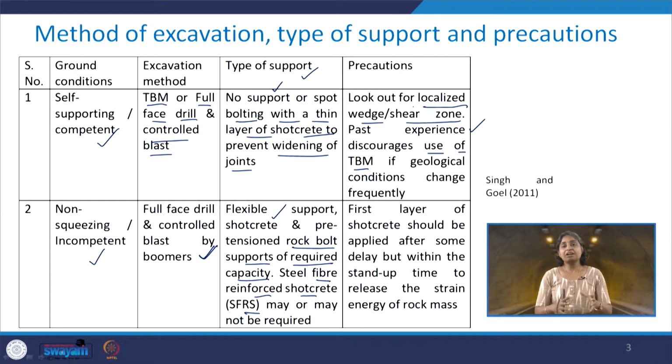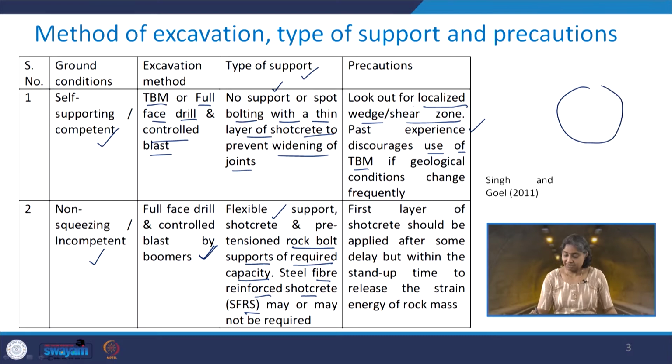You will learn about these support systems also later in this course, but for the time being I will just tell you that if this is the excavated surface of the rock mass, then we spray a layer of concrete or shotcrete, which is what we call the shotcrete lining, and also we provide rock bolts into the rock mass like this.